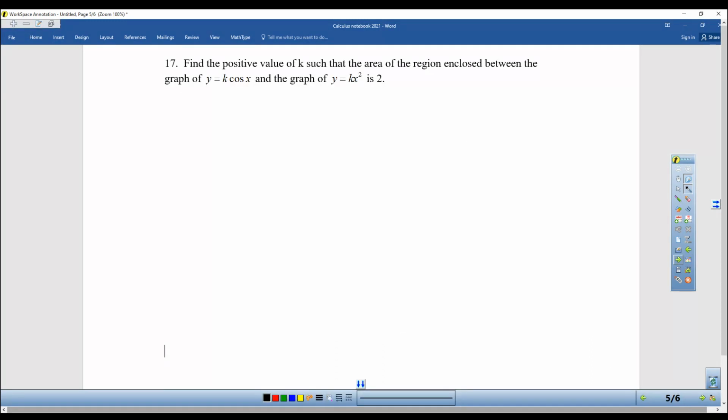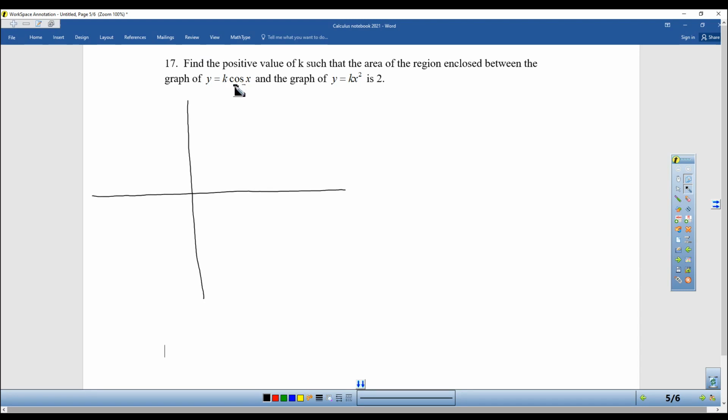Number 17, find the positive value of k such that the area of the region enclosed between the graph of y is equal to k cosine of x and the graph of y is equal to kx squared is 2. So again, another thinking question here. How does k affect cosine?